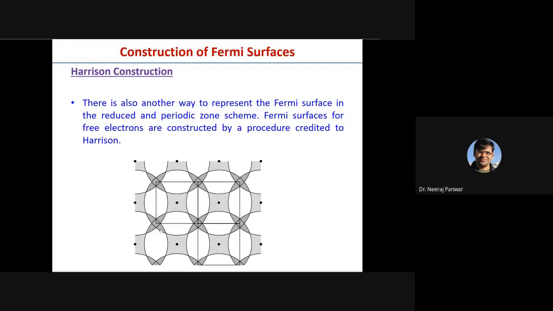Depending upon the concentration of electrons present in the solid, we draw the sphere or circle around each lattice point. Around each reciprocal lattice point a circle is drawn, and wherever these circles cut each other, what you form is the third Brillouin zone.